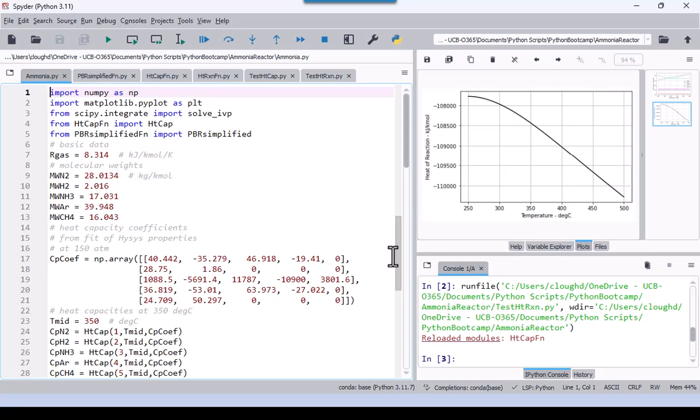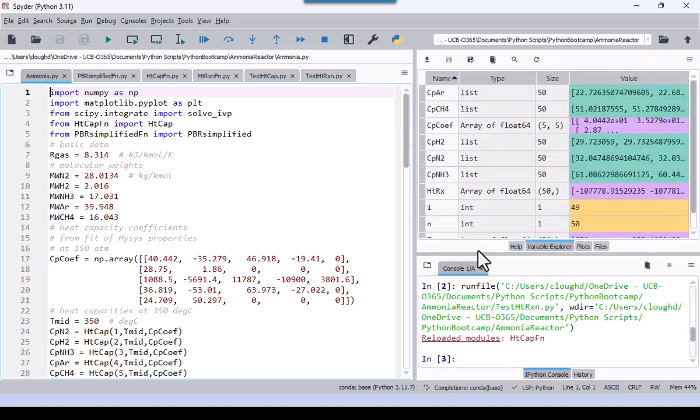Obviously, you can look at your variable explorer and you can look at all your variables and see whether they make sense. You can also single step the code, all right, as you go through, and we've shown you how to do that before.